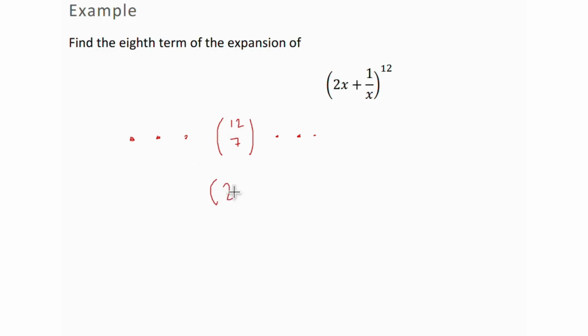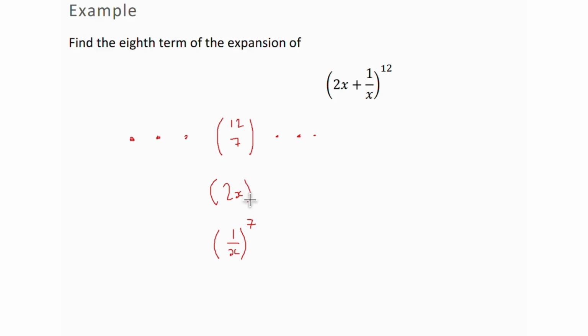Now the second part is our decreasing powers of A, which in this case is 2x. And then we're going to have our increasing powers of B, which in this case is 1 over x. Now because 1 over x is increasing, its power is going to be the same as the value we're in, in Pascal's triangle.